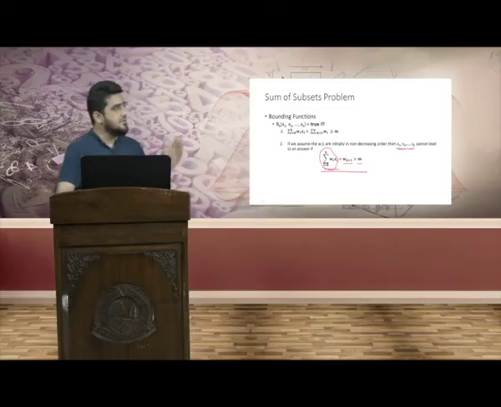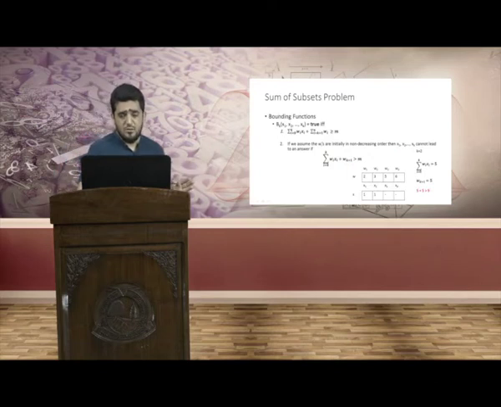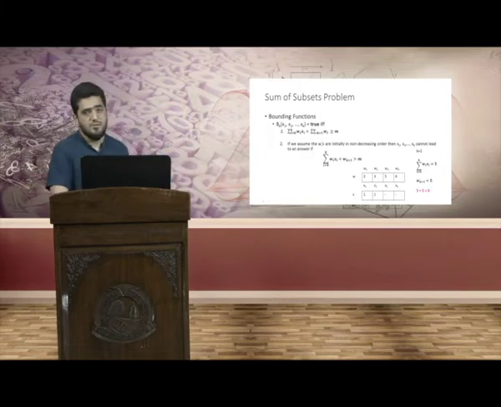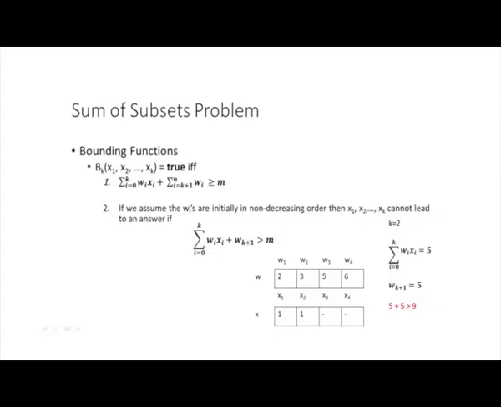Let's consider this example as shown on the screen. Now the weights here are changing. Earlier the first weight was 1, now it's changed to 2. So let's suppose 2, 3, 5 and 6 are our weights, and the tuple that we have partially generated so far is x1 equal to 1 and x2 equal to 1.